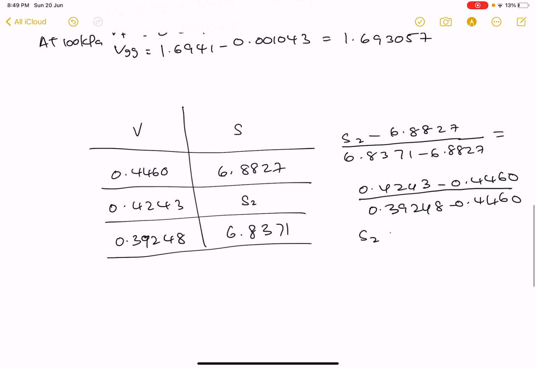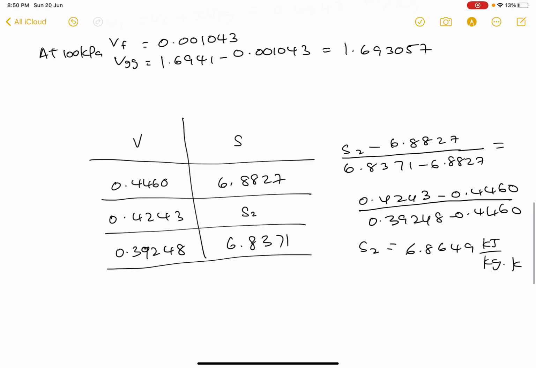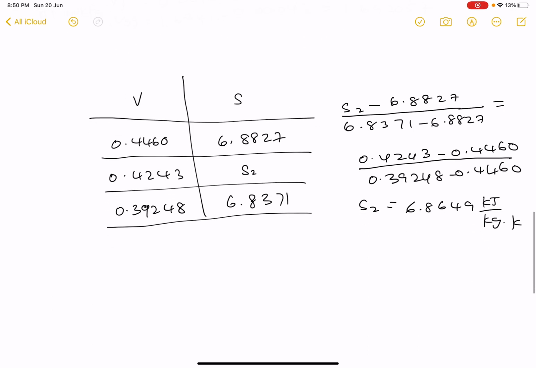So your S2 will be 6.8649 kilojoule per kg Kelvin.